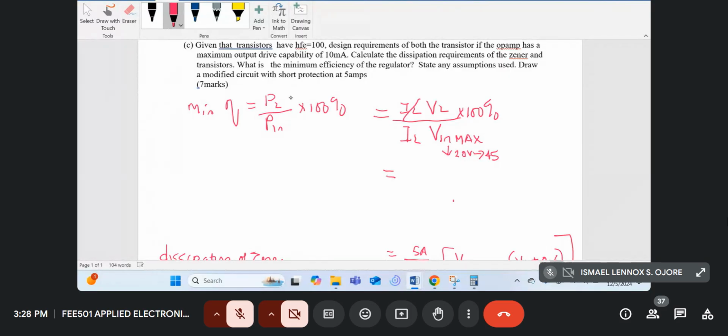So IL will cancel. VL was 14.7 volts, over the maximum, which is 45 volts, times 100.